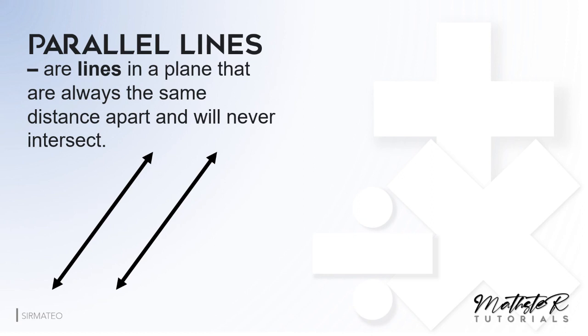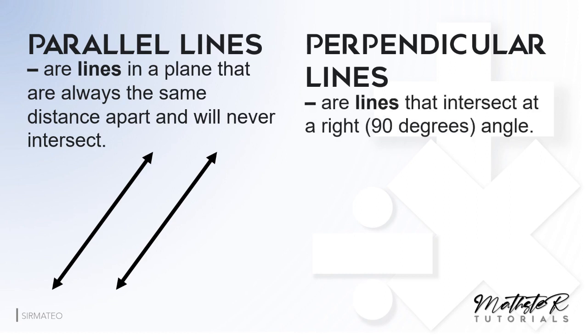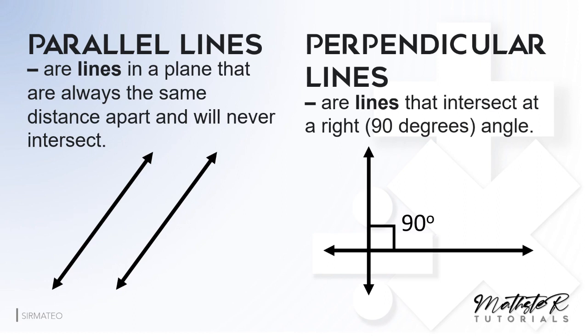Take note, it will never intersect kahit i-extend mo yan in opposite directions. While perpendicular lines are lines that intersect at a right angle or it has 90 degrees. So, ito yung example ng isang perpendicular line. Okay? So, yung box na nakita nyo dun sa intersection, yun yung ating symbol for right angle or 90 degrees.